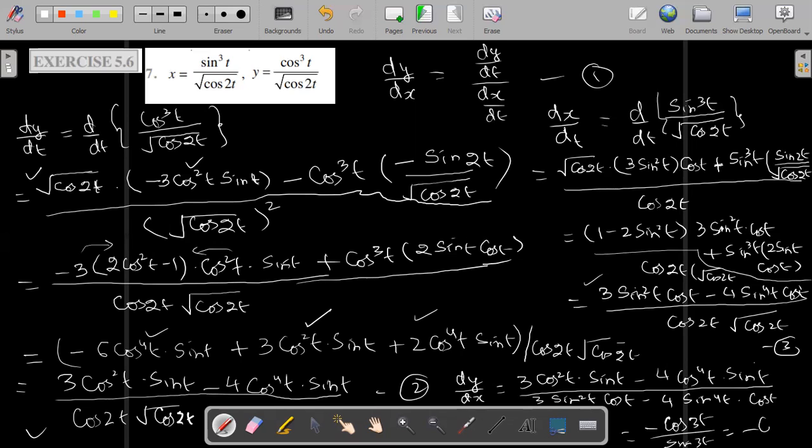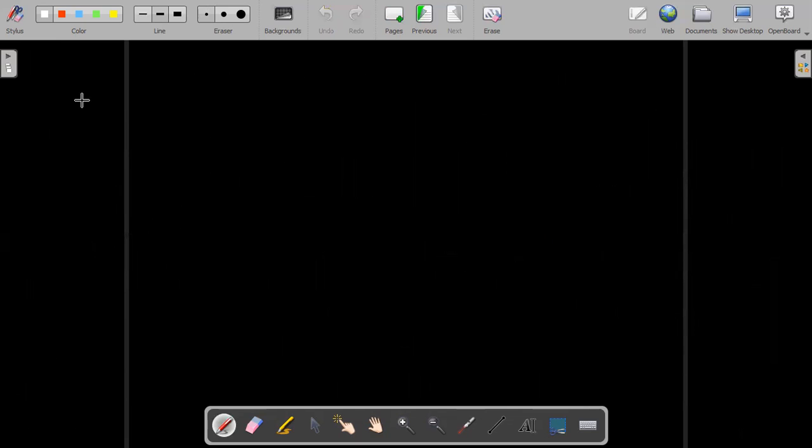So you get minus cos upon sin, cot 3t, minus cot 3t. Okay. So this point I will elaborate more. On the next page I will write the same point here.